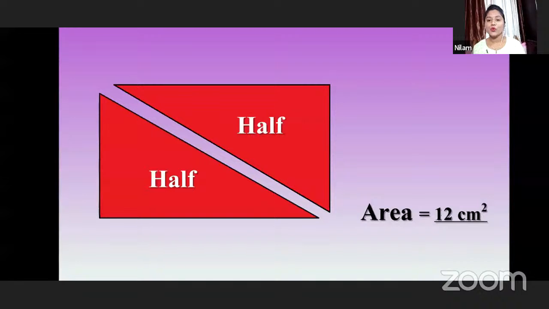So the half of 12 is 6. That means the area of half part of the rectangle, that is the triangle, is 6 square centimeter. Okay, listen carefully. So both the triangles will be 6 square centimeter.